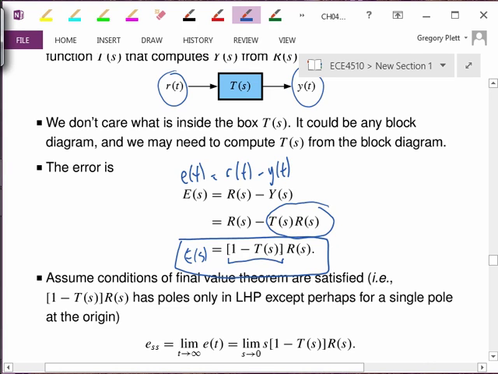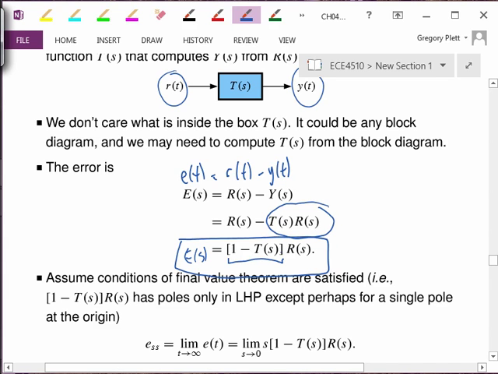1 minus T of S. When evaluating steady-state error, we're going to assume that the conditions of the final value theorem are satisfied, so that E of S has poles only in the left half plane, except maybe for a single pole at the origin.